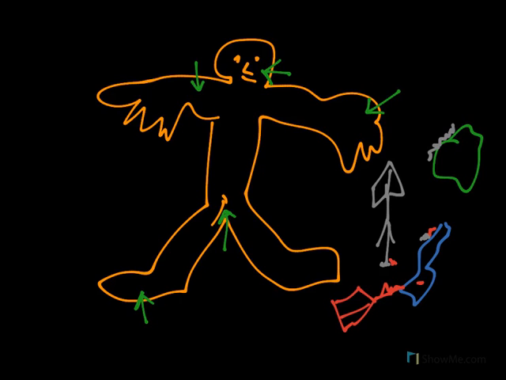Now, mind you, they're not living. They're not living critters. It's just the DNA, just the genetic material. And so when this virus latches on, it shoots its DNA into the cell.